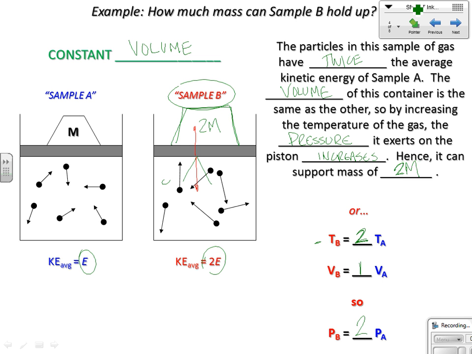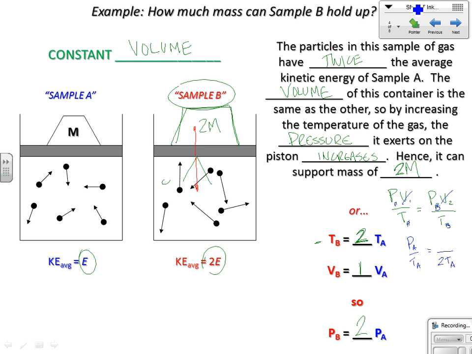We can also look at this as an ideal or as a combined gas law. P1 V1 over T1 is P2 V2 over T2. Right? In this case, the volumes are the same. If we have pressure A, temperature A, well, temperature B is 2 temperature A. That's what we said, right?